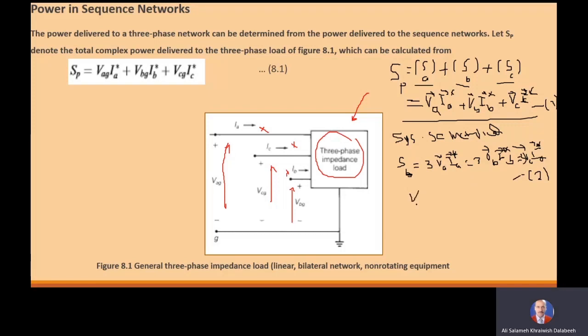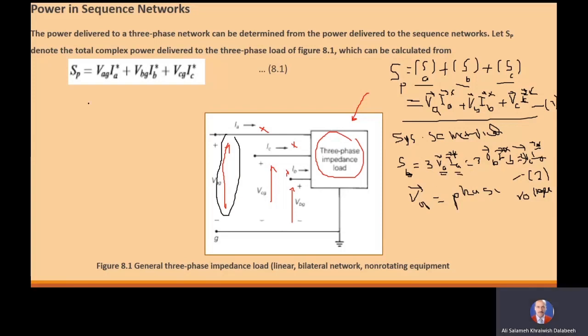You should note that VA is the phase voltage. This is VA, the voltage between the terminal A and the neutral.